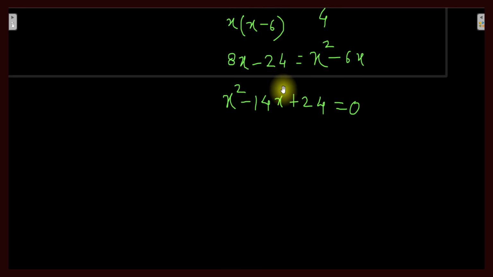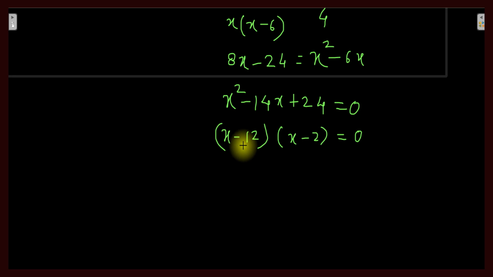Now you can find the factors of this quadratic equation by splitting the middle term. I am not going to split the middle term because I hope you know how to factorize quadratic equations. So the factors will be (x minus 12) into another bracket (x minus 2), which is equal to 0.